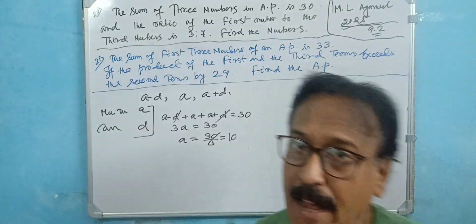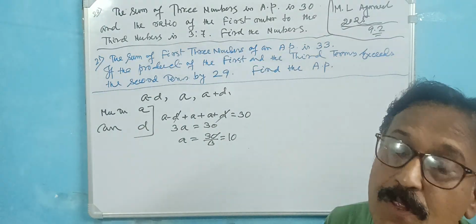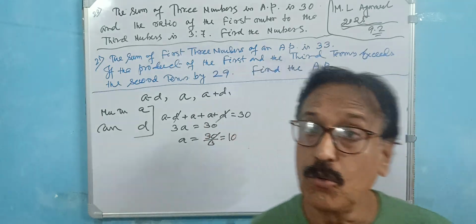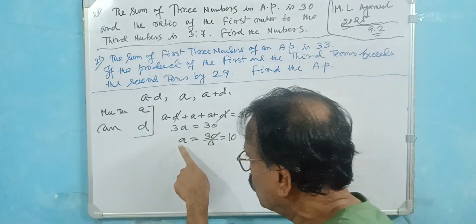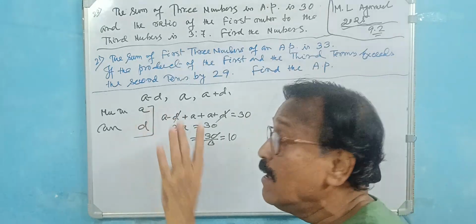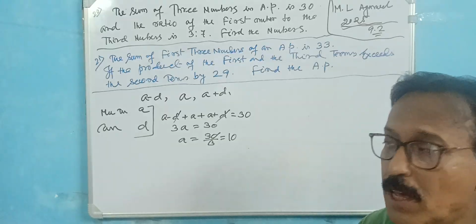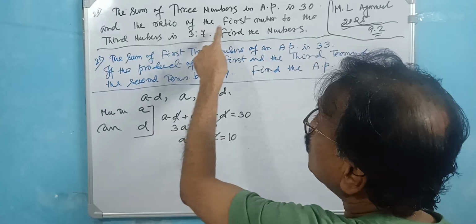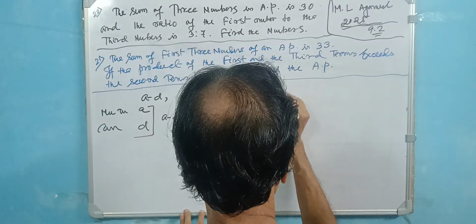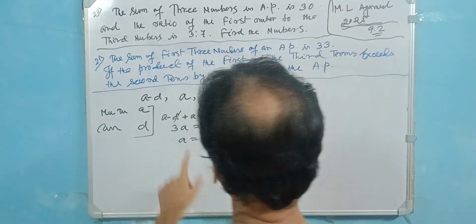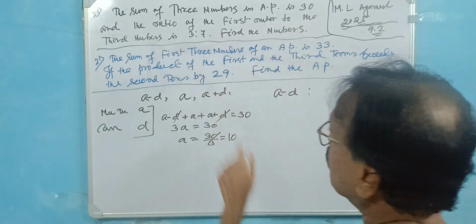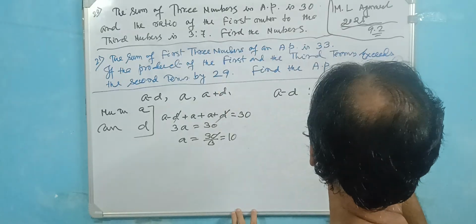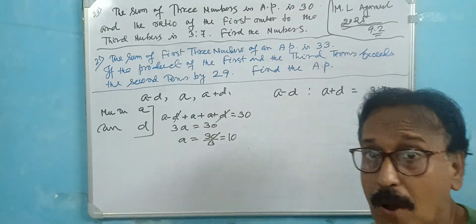Actually, in algebra, you also know that if there are two unknown values, you need two equations to solve them. One unknown, A, you got, and the other is D. The other form is given in the ratio of the first to the third, that is A minus D to A plus D, and the ratio is 3:7.